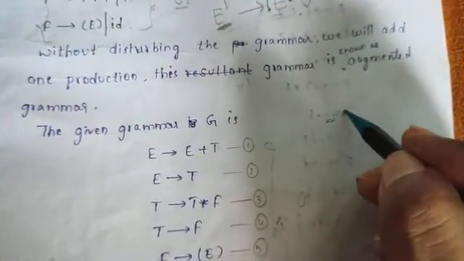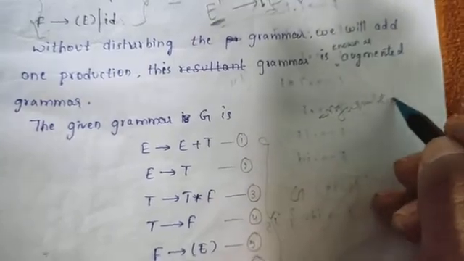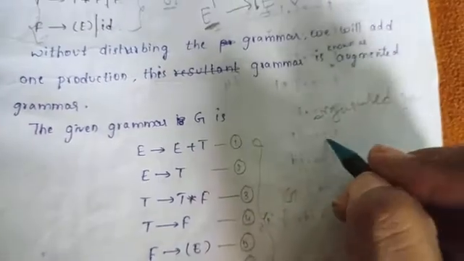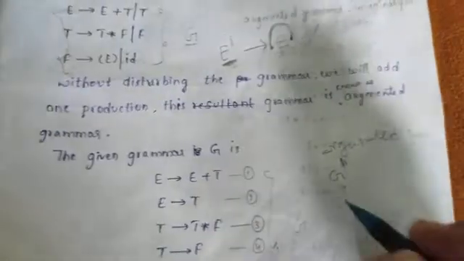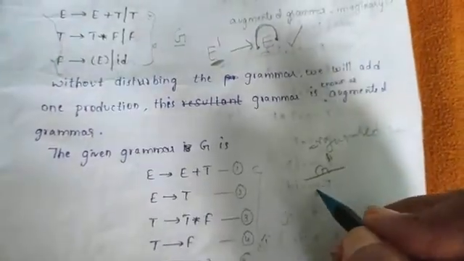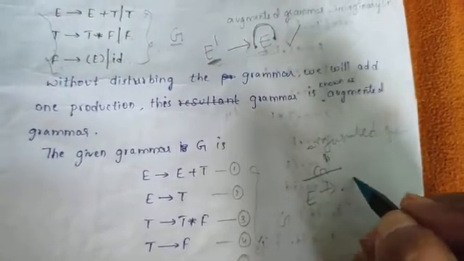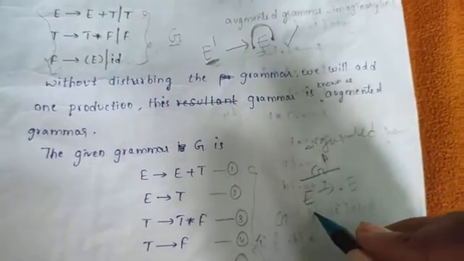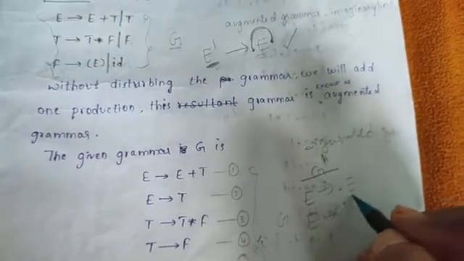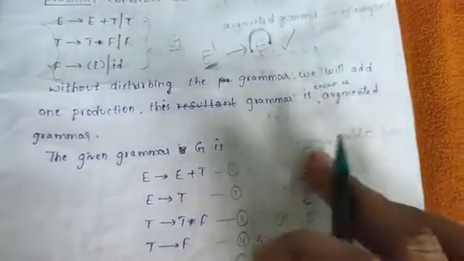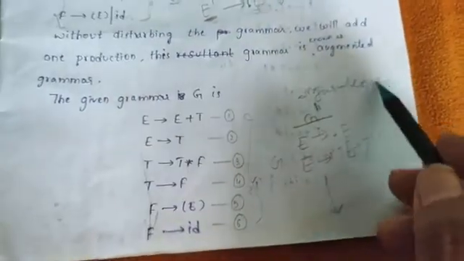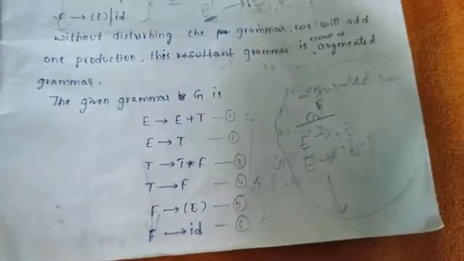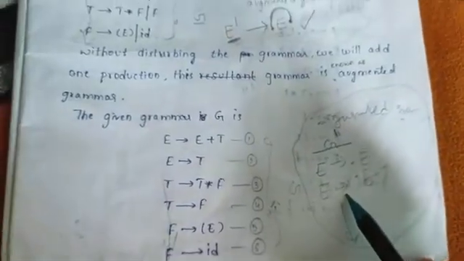Here augmented grammar G dash is nothing but E dash tends to dot E and E tends to dot E plus T. Remaining all productions should be placed there. Then this grammar is an augmented grammar. This is a normal grammar. This is the augmented grammar.